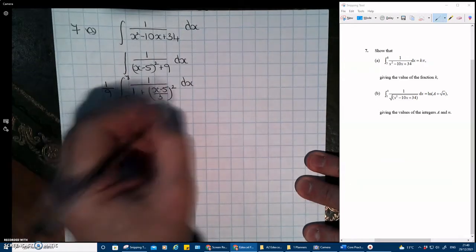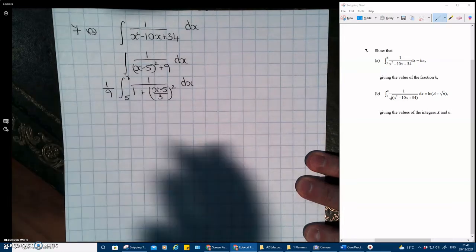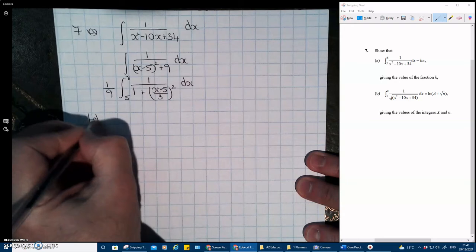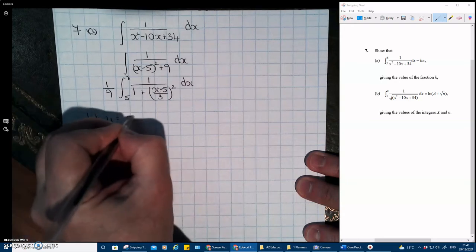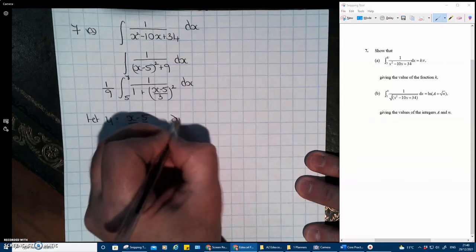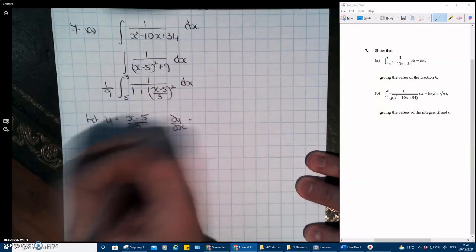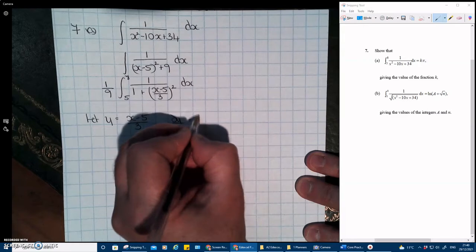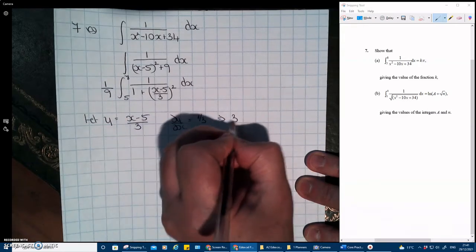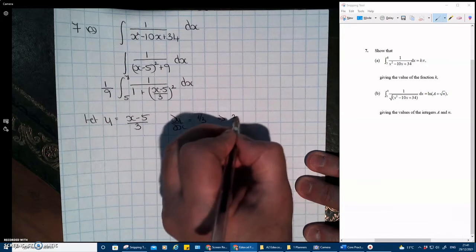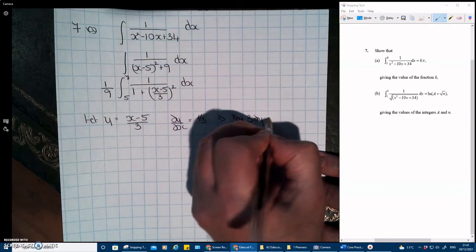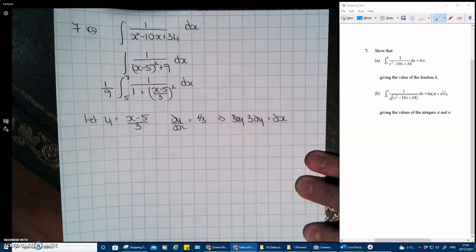I'm going to do a substitution at this point, just because it's quite easy to get confused with the fractions. So I'm going to let y equal x minus 5 over 3. If I differentiate it, dy by dx equals a third. That implies 3 dy replaces the dx.